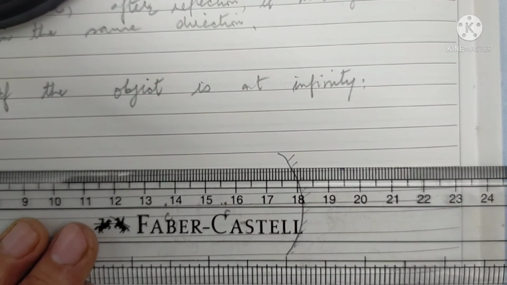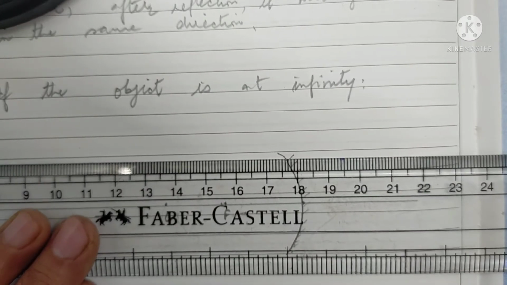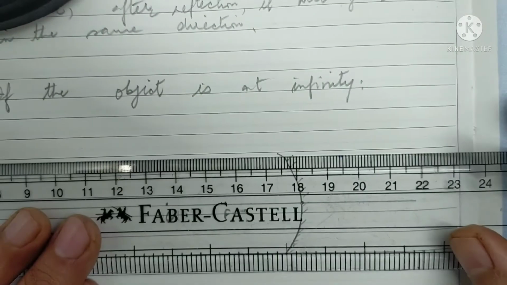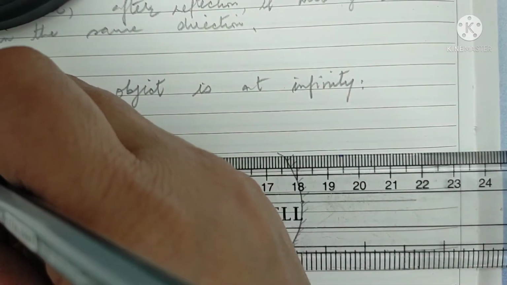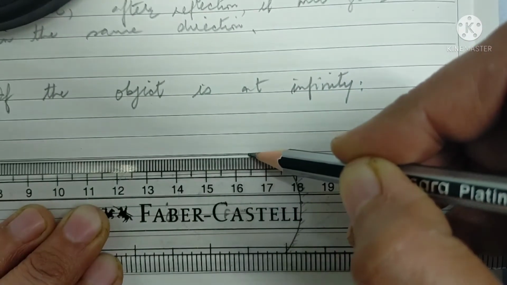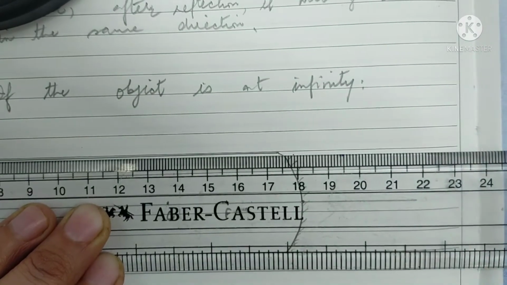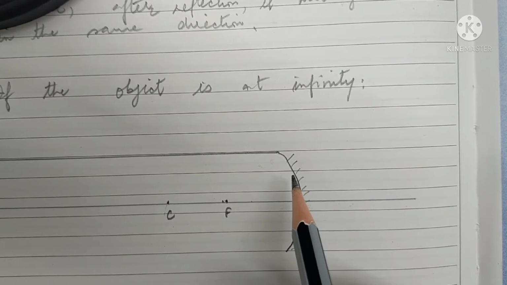And when we are drawing the rays of the light, if I'm taking a parallel ray, I'm going to take it from the tip of the object. So this arrow shows my object, and I'm going to take my first parallel ray from the tip of the object, and it has to strike the mirror. It has to reach till the mirror, because here is the point where the reflection is going to take place.